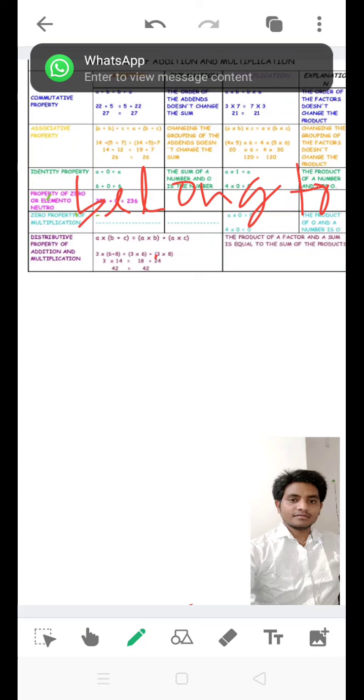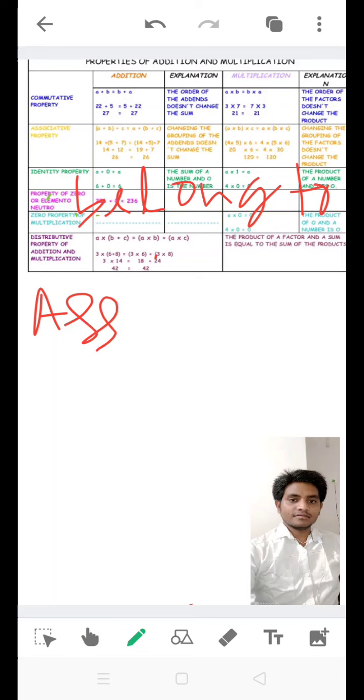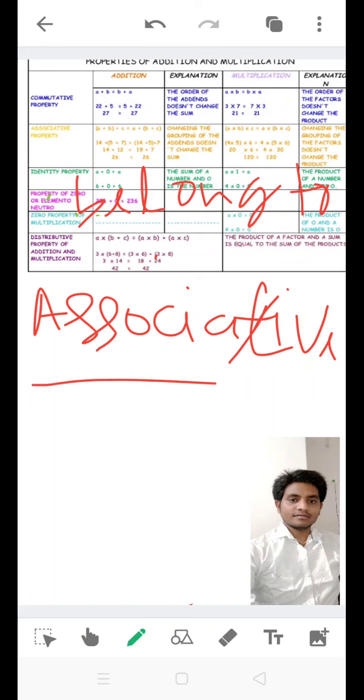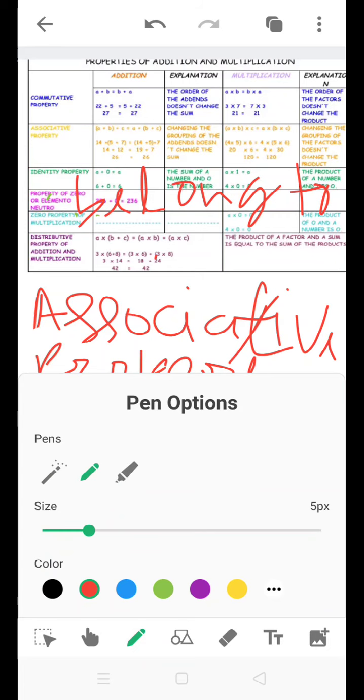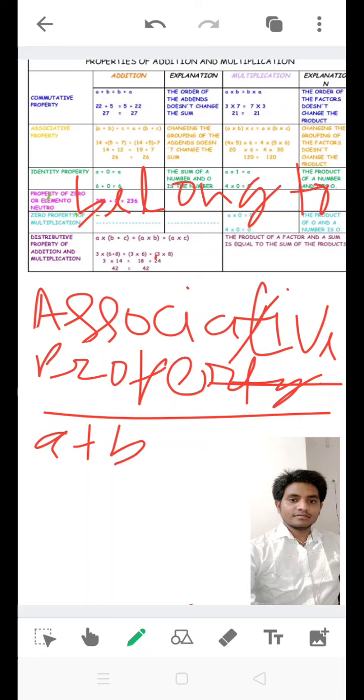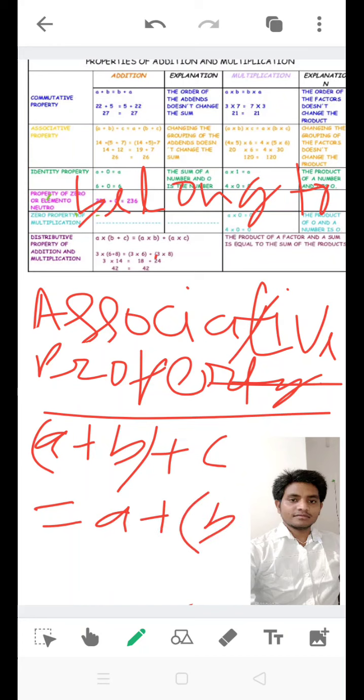In the associative property, we have three numbers: a plus b within the bracket and c outside the bracket. This equals a outside the bracket and b plus c within the bracket. This property is known as the associative property.